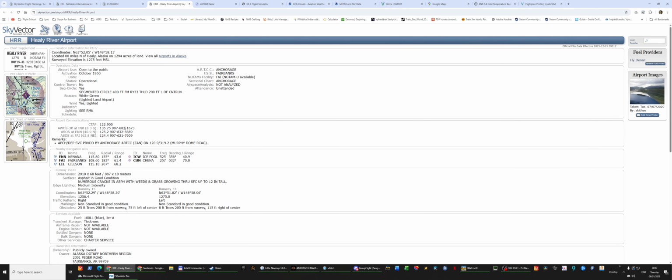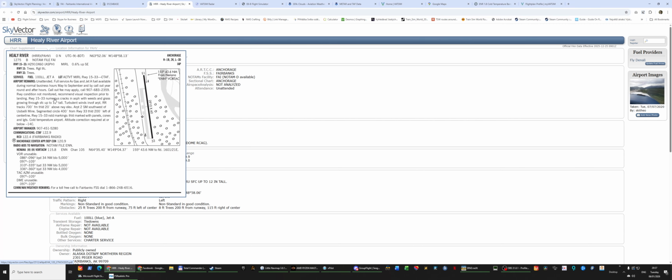I want to come back to Healy River Airport because I want to touch on something called cold temperature airport. As we all know, the altimeter is a barometric instrument, and it really measures correctly only at standard atmosphere at sea level at 15 degrees, right? Anywhere else, it will develop some errors.